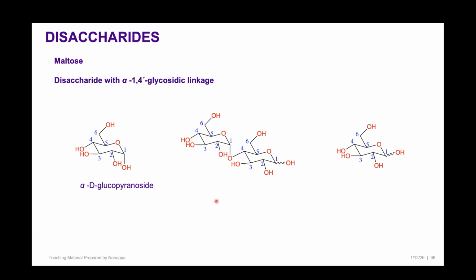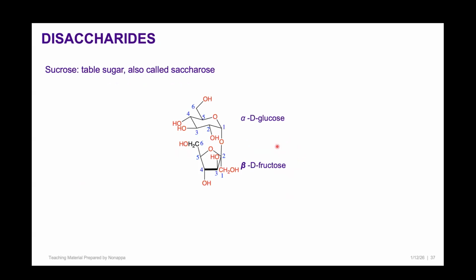Now we can take maltose. This is an example of an alpha linkage. What we have here is an alpha 1,4 glycosidic linkage. So it's very easy to name. You always look at the anomeric carbon. That is the preference here. And even this is a reducing sugar, and therefore we have a non-reducing end here and a reducing end here.